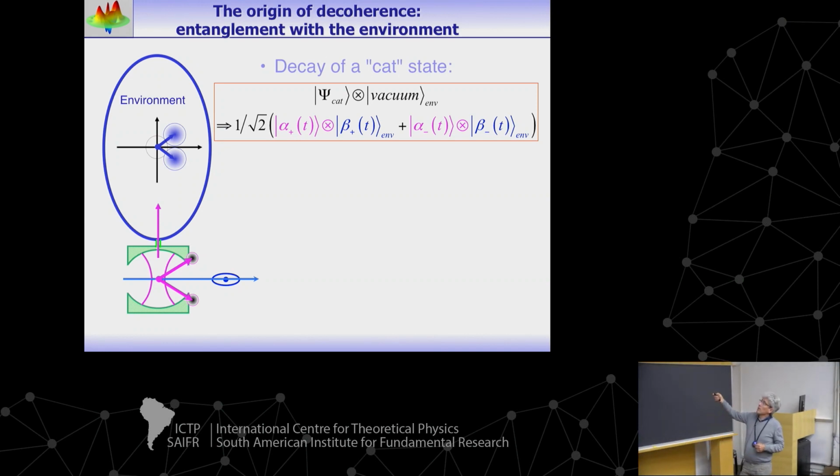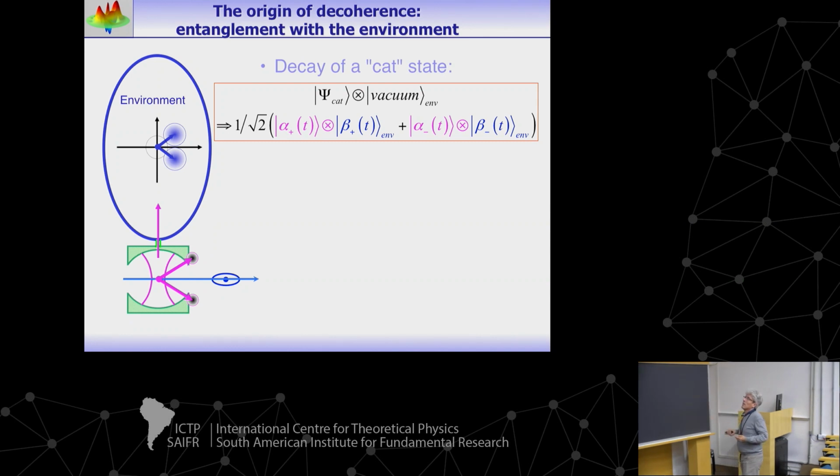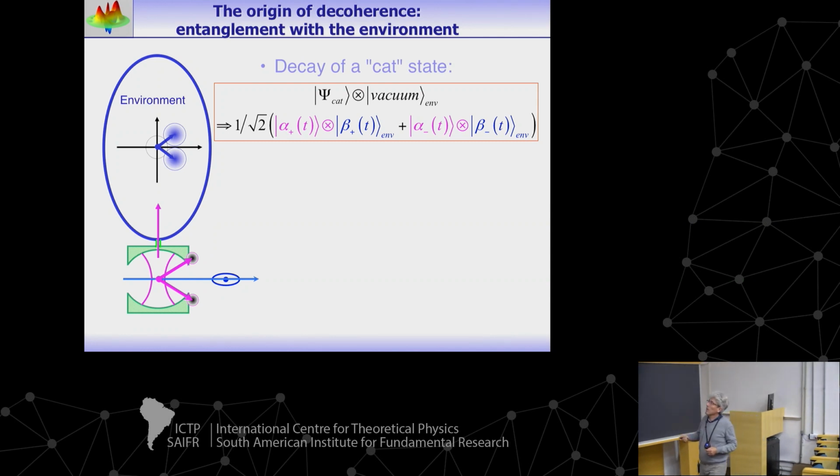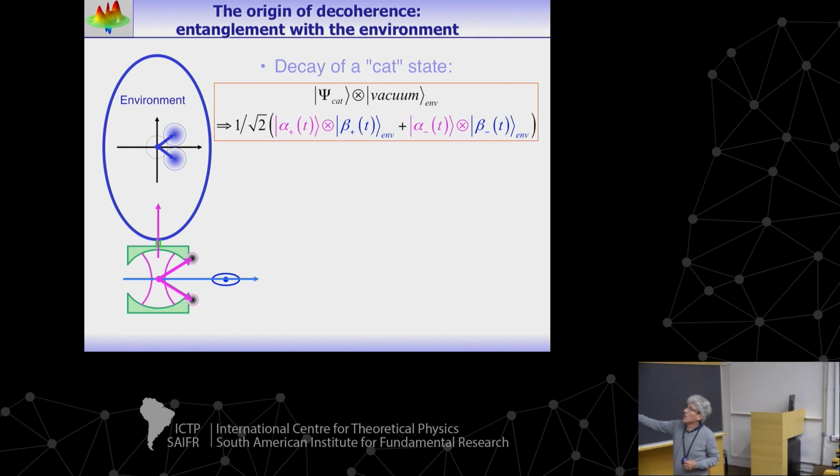So as a result, you are led to this quantum superposition with the growing in the environment of 2 small coherent fields with different phases, each of them being correlated to one of the alpha plus and alpha minus components of the cavity Schrodinger cat state.